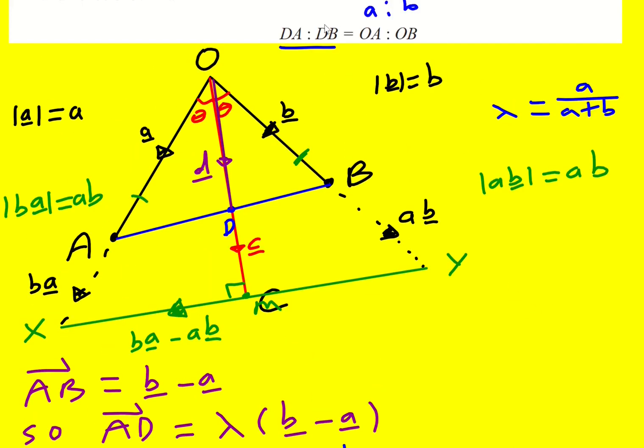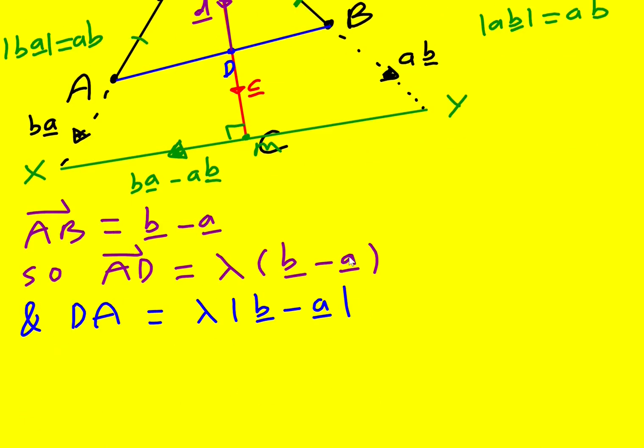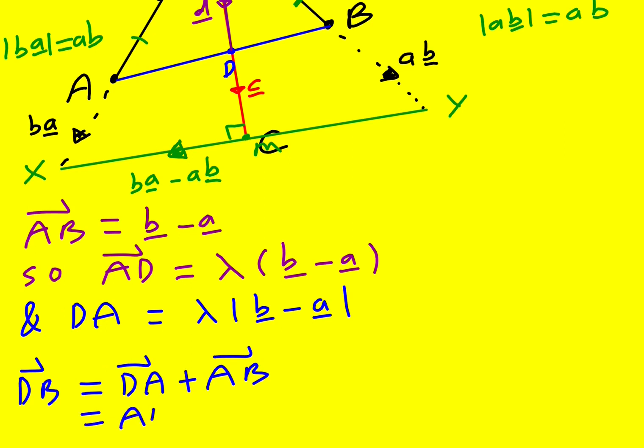So we're left to find dB, or BD, but let's go with dB. dB is going to be dA plus AB, which is actually then the same as AB minus AD.